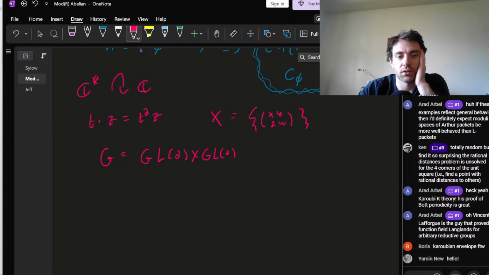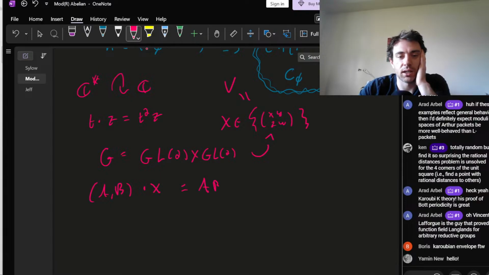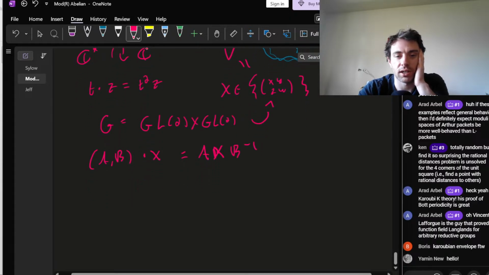And how is it going to act? A pair of matrices will act on an element of X, call it V, by sending X to A X B inverse.